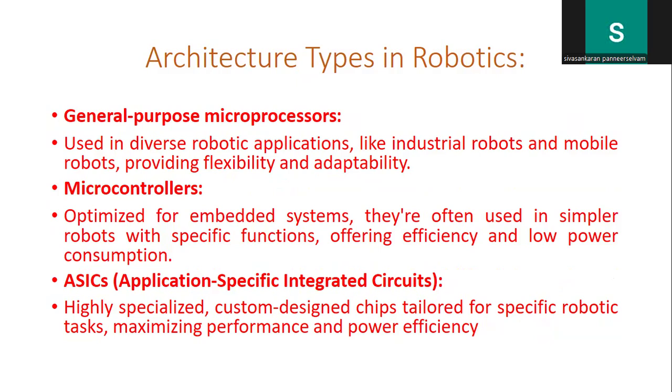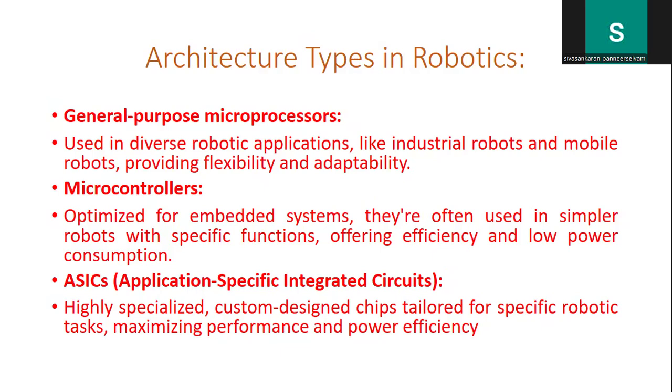What are the different types of microprocessor and microcontrollers used in a typical robotic system? General purpose microprocessor is used in many diversified robotic applications, say industrial robot and mobile robot, which offers better flexibility and adaptability to the environment. Microcontroller is optimized for embedded systems.